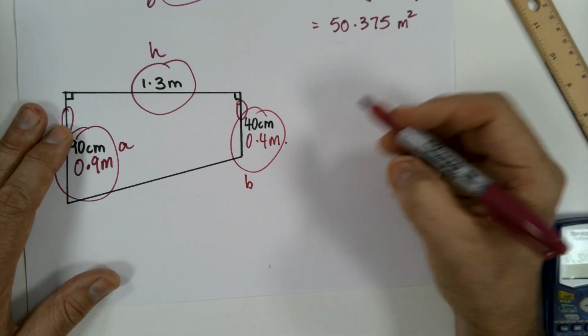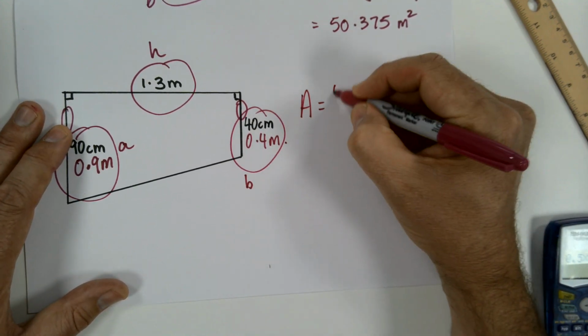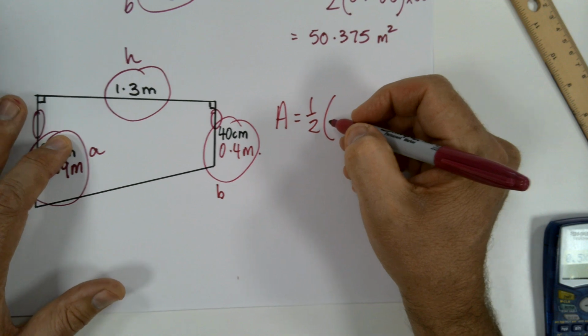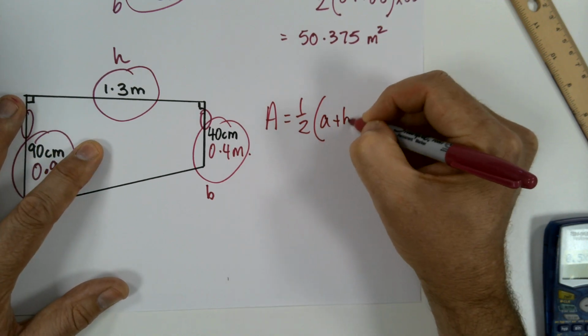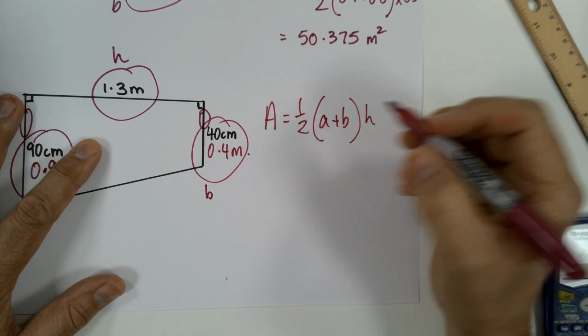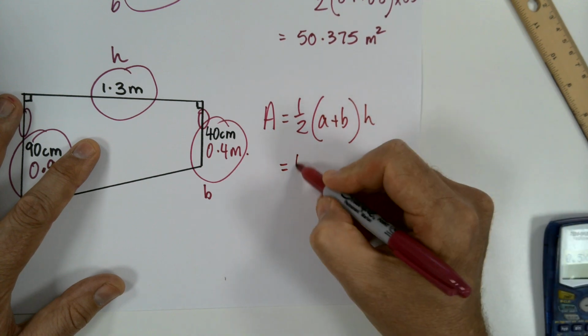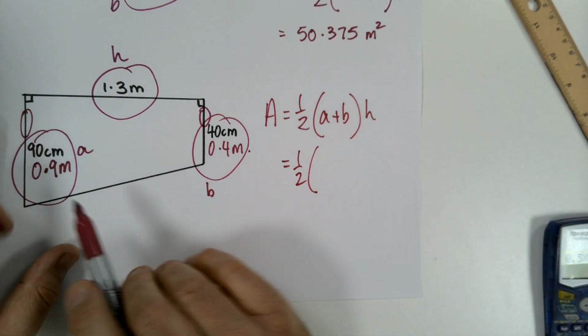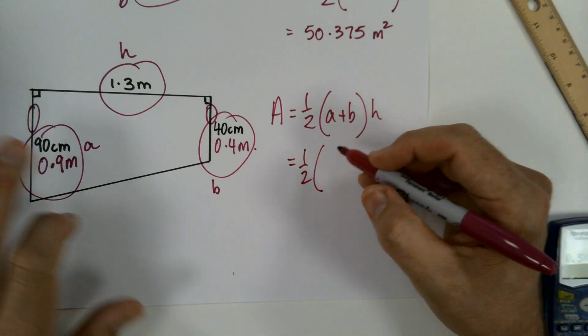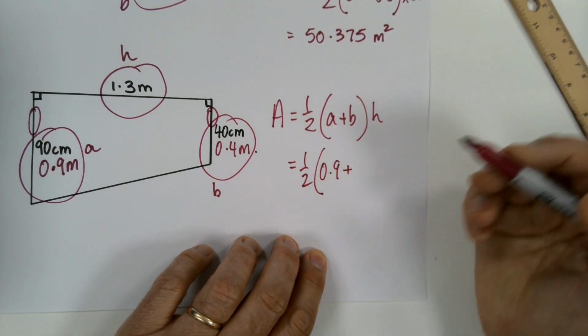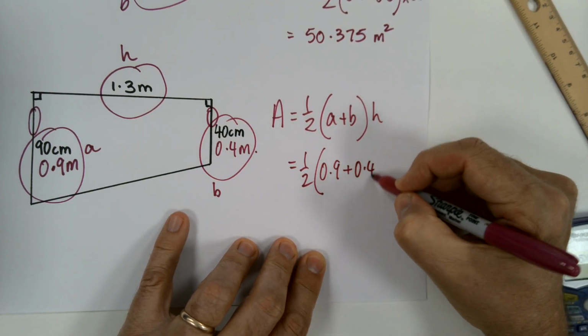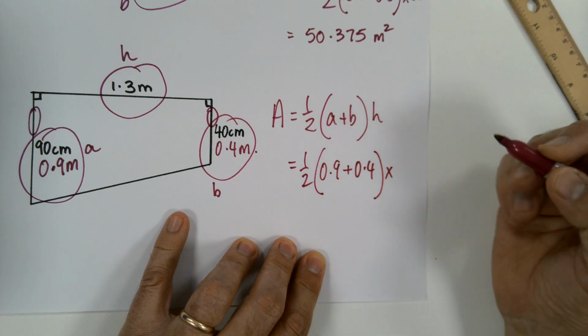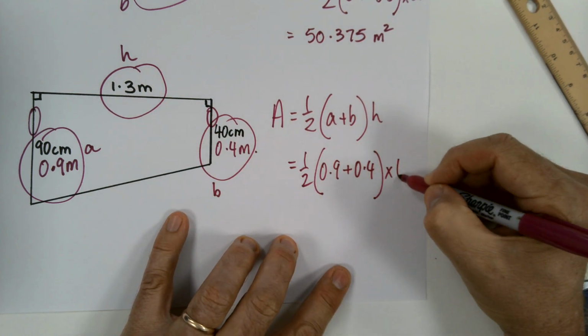All right, let's jump in. Big A equals a half of A plus B, outside of H. Okay, so a half is still a half. A and B, so I've got 0.9 plus 0.4, close the bracket, times by 1.3.